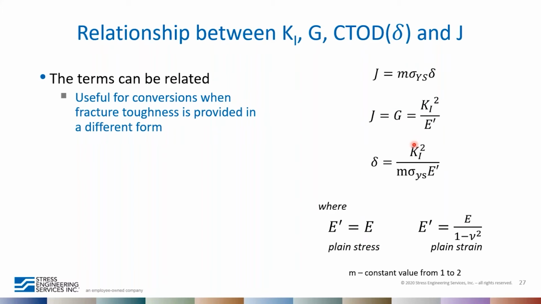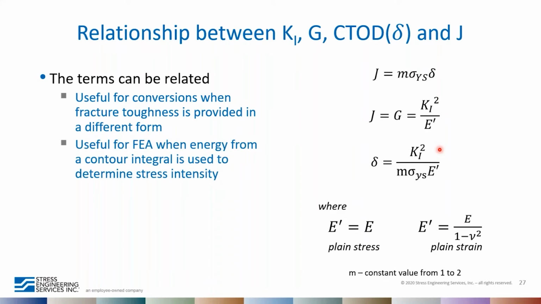And as well we can relate the CTOD to the K. And so these conversions are useful when maybe a test is performed as a CTOD and you need to determine the K1, to be able to convert between these modes. And it's also useful when doing FEA because you can determine crack tip conditions in terms of energy and then perhaps convert it to stress intensity.